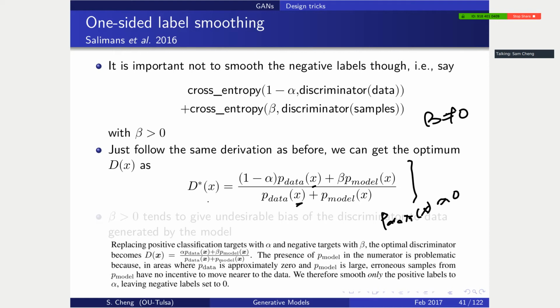So what I mean is even if my data does not appear in the actual data, or is not likely to happen in the actual data, I will classify it as genuine because of this term here, because beta is non-zero in this case. So therefore, typically it's just one-sided labeling, so we don't have this beta, but we will use this alpha is non-zero here.